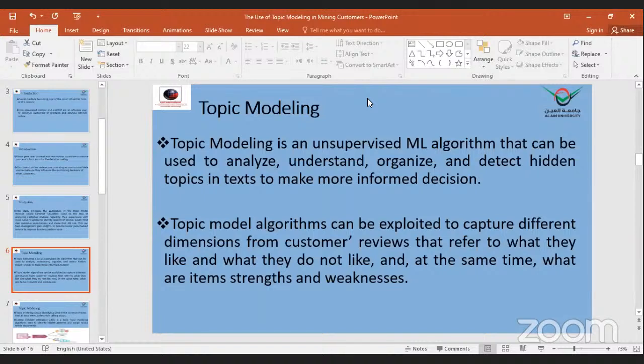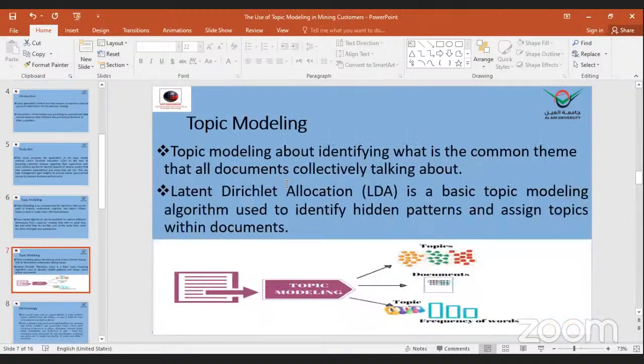Topic model algorithms can capture different dimensions from customers' reviews that refer to what they like and what they don't like, and at the same time, the items of strength and weakness. Topic modeling is about identifying the common theme that all documents, in my research all reviews, are collectively talking about.